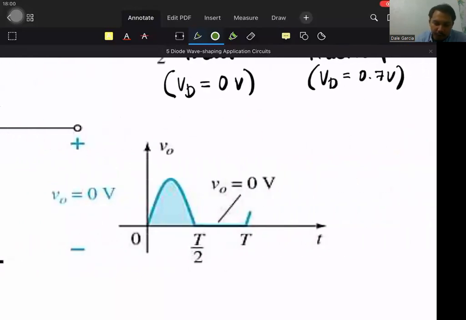So the output is 0 during the negative half cycle.